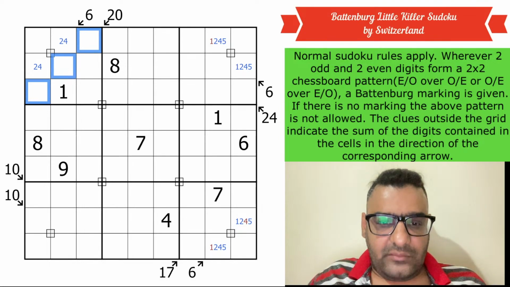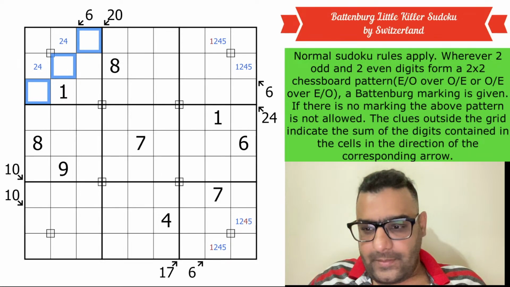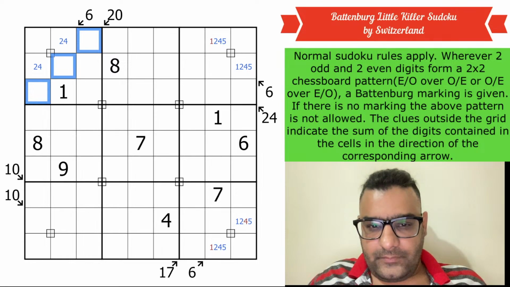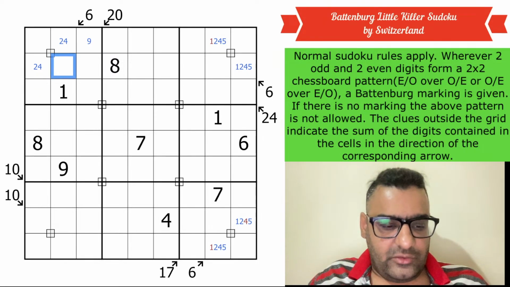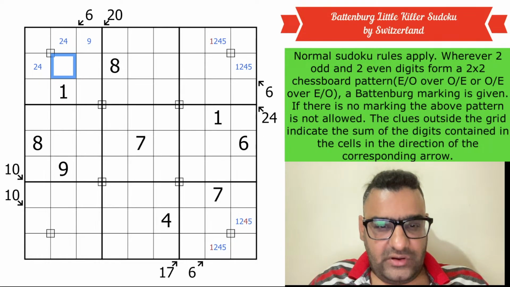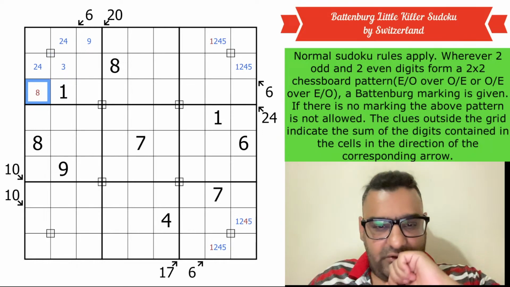I am just taking an example, suppose it is a 9. Suppose it is a 9 here, and 1 cannot be here. We already know 2 and 4 cannot be here. And suppose it is 3, then it would be 8.